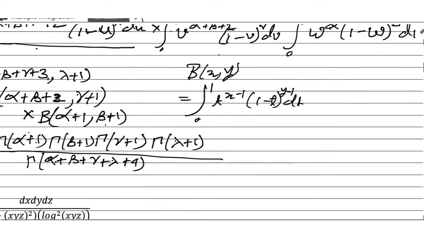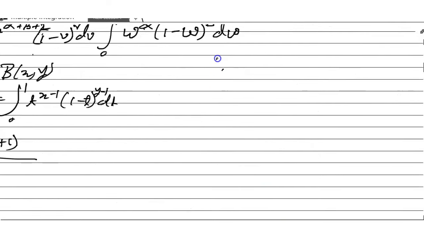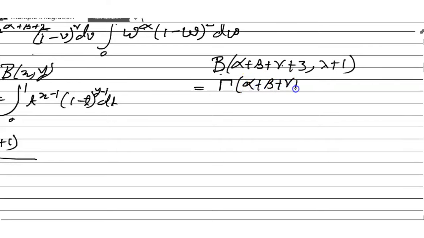So I am showing the calculations. Beta alpha plus beta plus gamma plus 3 comma lambda plus 1 equals gamma alpha plus beta plus gamma plus 3 gamma lambda plus 1 divided by gamma alpha plus beta plus gamma plus lambda plus 4.